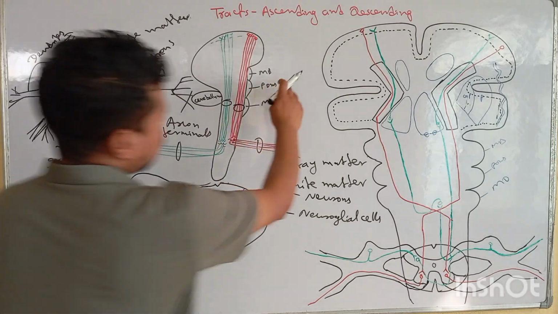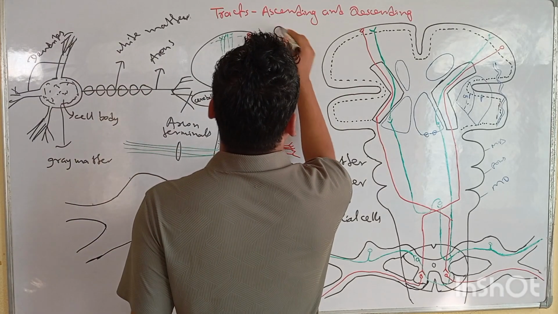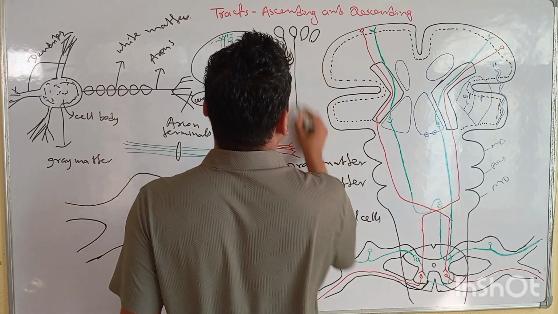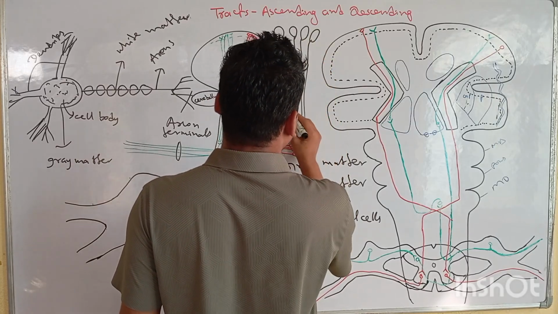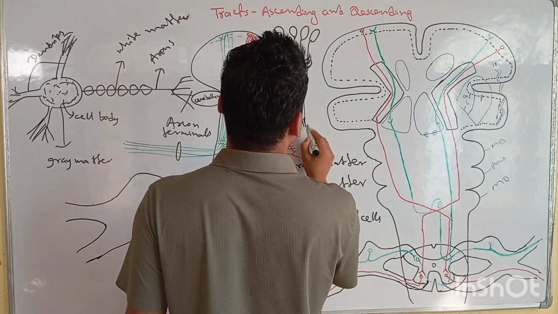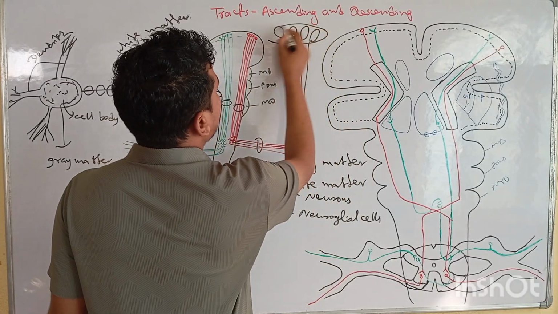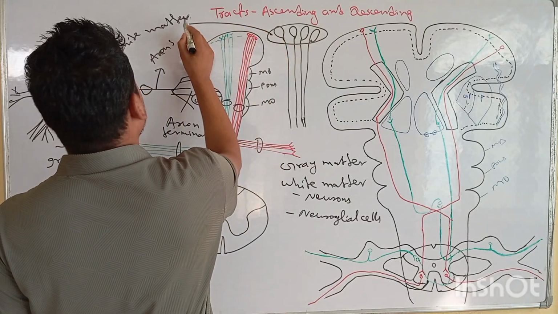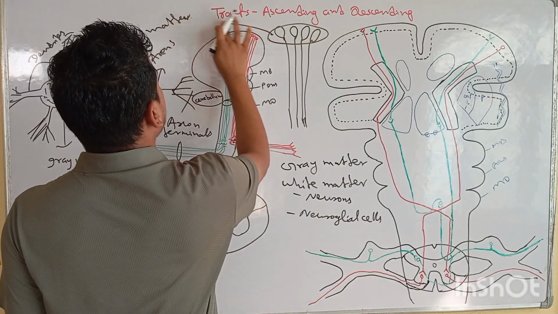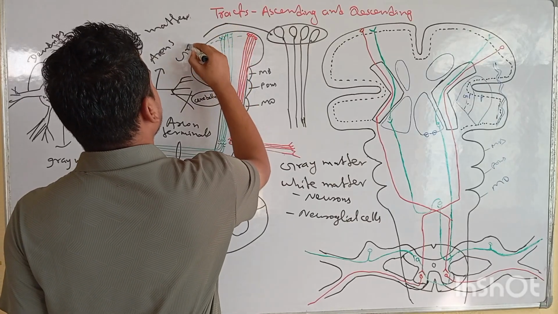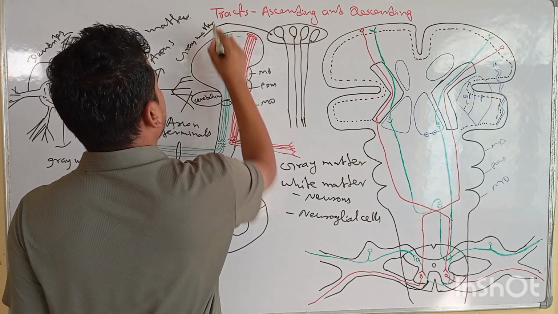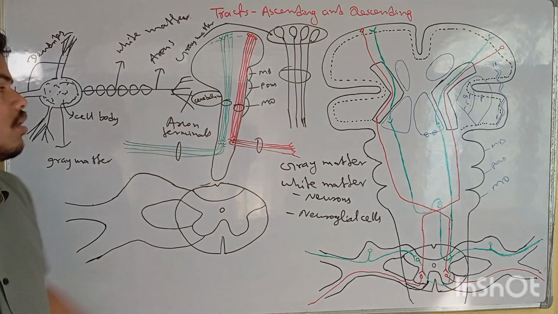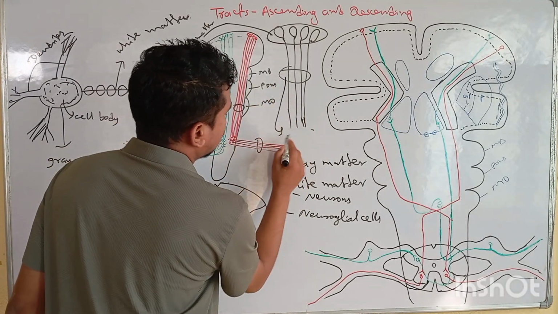Let's suppose this is a balloon, and these balloons are the cell bodies. This collection of cell bodies will be called the gray matter, and this collection of axons we call the white matter.